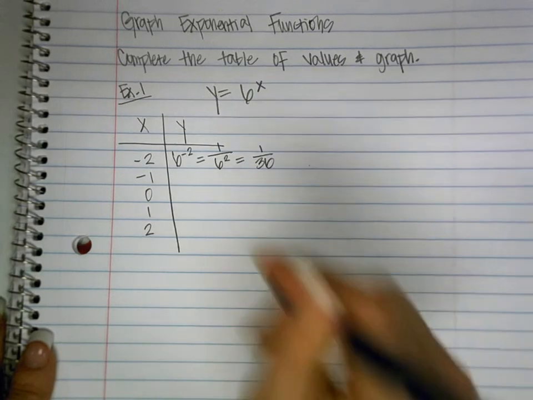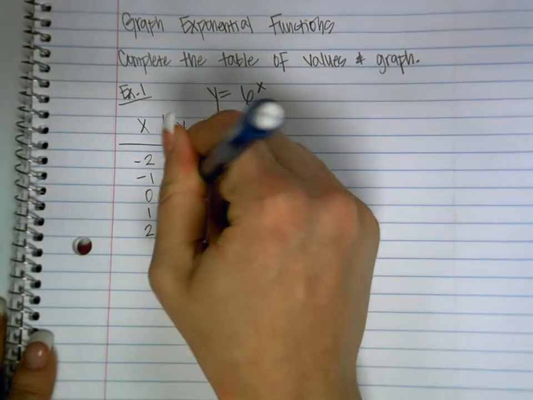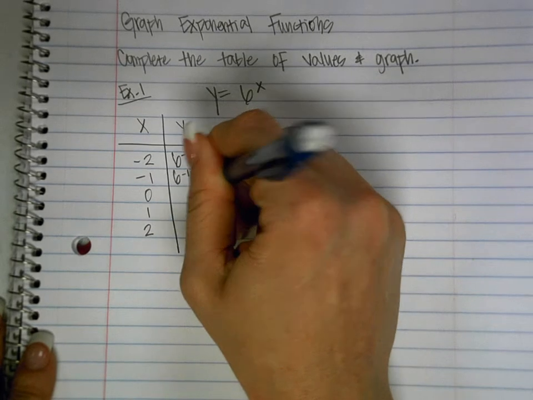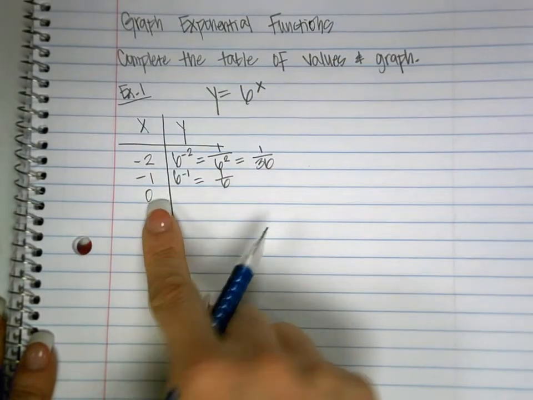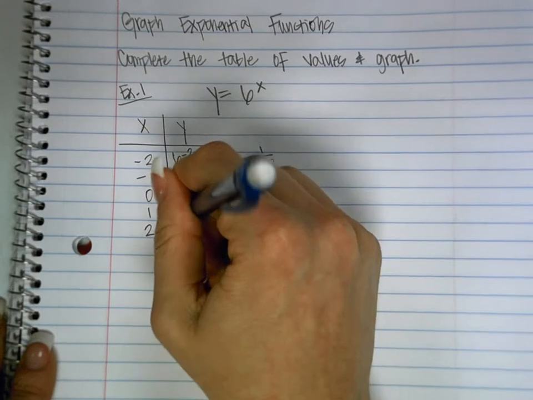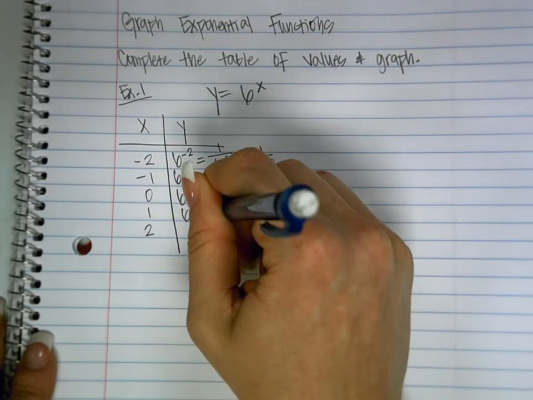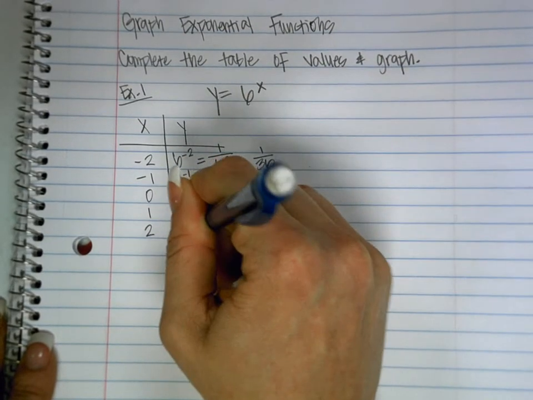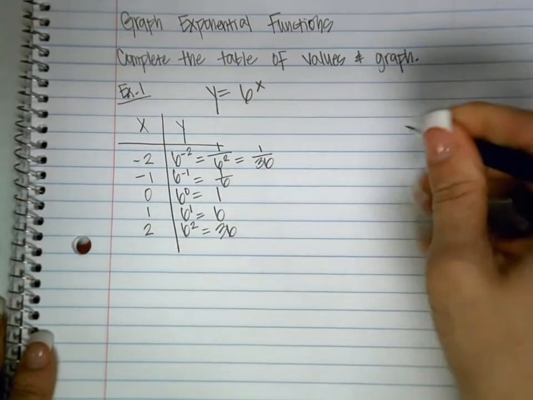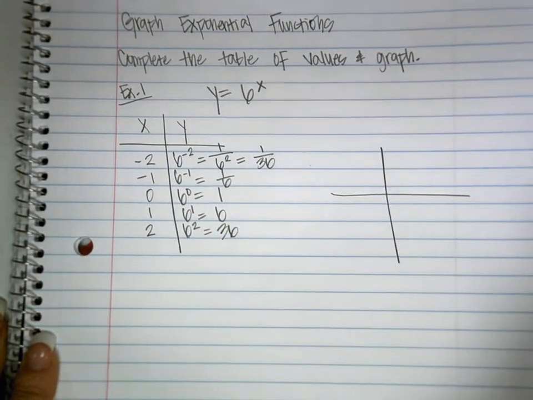Let's plug in -1. 6 to the -1 is equal to 1 over 6. Okay? 6 to the 0 is equal to 1. How about 6 to the first? 6. 6 to the second? 36.